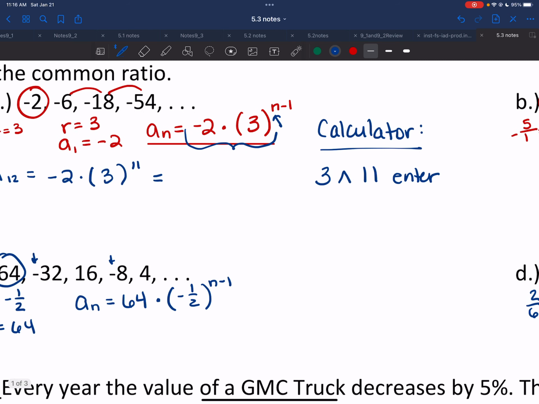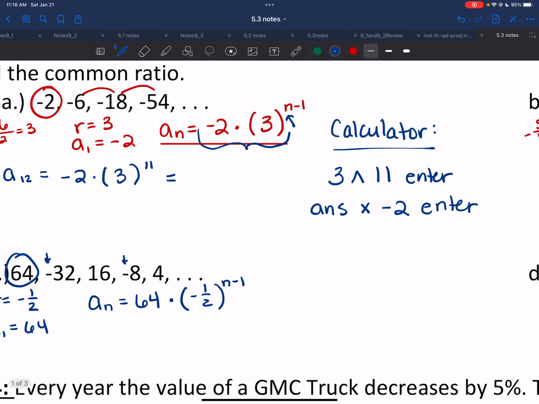When you do that, the next time you hit times -2, it will bring in that old answer that you just found, and then you multiply it by -2 and hit enter again. And so you will end up with a number of -354,296. So go ahead and check your answer to make sure that you're right there on target.